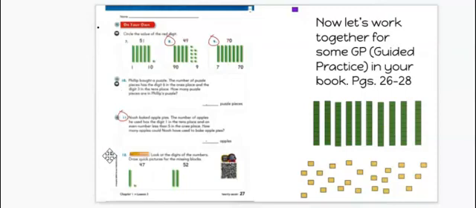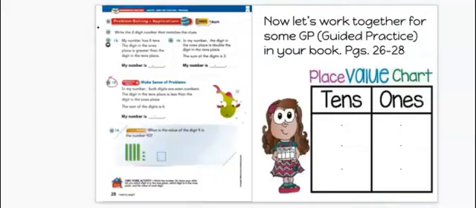I'm also going to attach a video for Math on the Spot that will talk more about understanding digits and their place value. When you finish doing page 27, of course, I want you to go ahead and do page 28. And for page 28, I want you again thinking about that place value chart, tens and ones, your TO chart, okay?